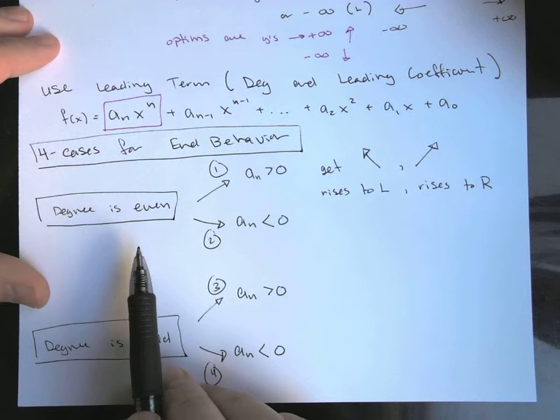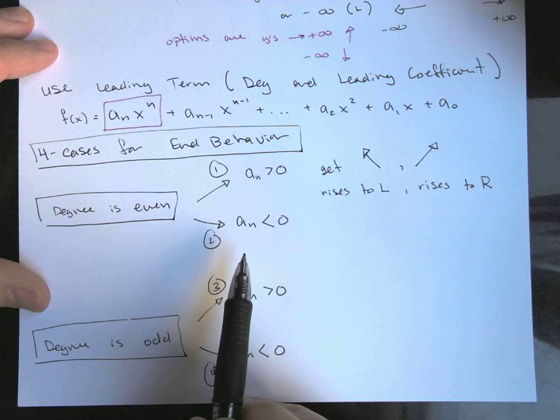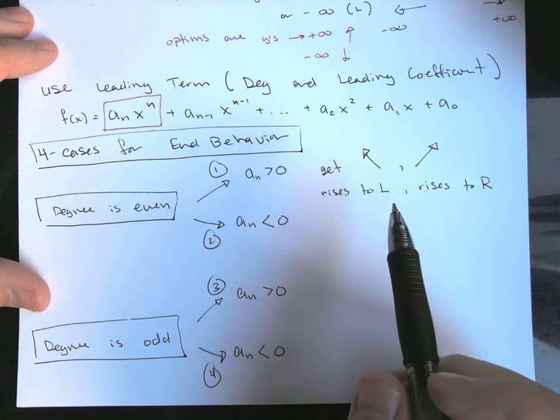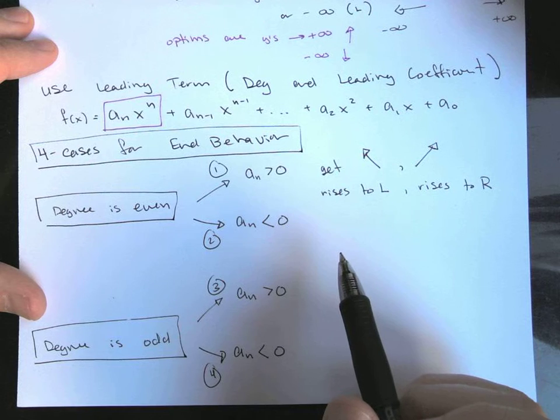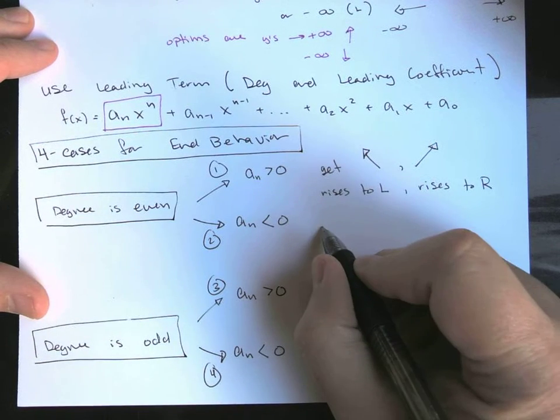If the degree is even and the coefficient is negative, you get the same kind of matching behavior. Both directions are going to do the same thing, but now instead of increasing to positive infinity, your end behavior is going to be an infinite decrease. It's going to drop down to negative infinity.